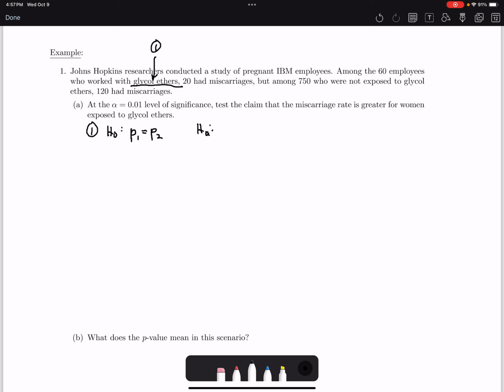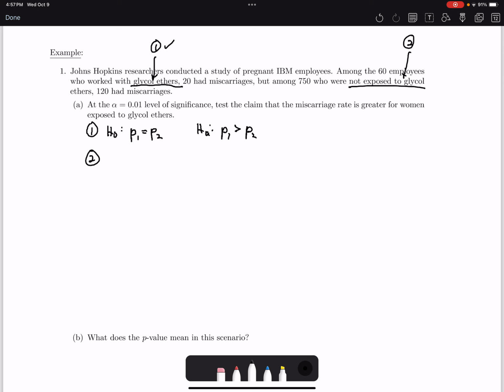And the women who are not exposed, I'm going to call group 2. So if the miscarriage rate is greater for women exposed to glycol ethers, that would be group 1. So the alternative hypothesis is that P1 is greater than P2. So that's step 1 of the procedure.